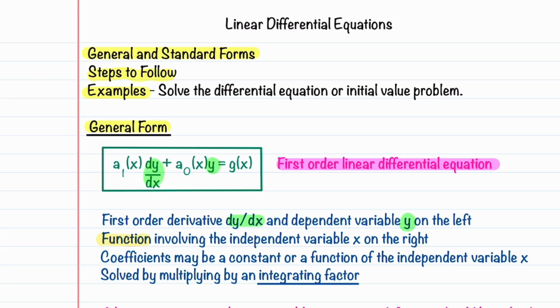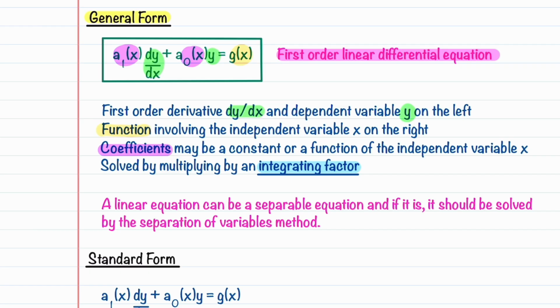A function involving the independent variable x is over here on the right-hand side, and then the coefficients a1 of x and a0 of x can be a constant or a function of x. A linear first-order differential equation is solved using what's called an integrating factor, and I'll tell you all about this in a few minutes.